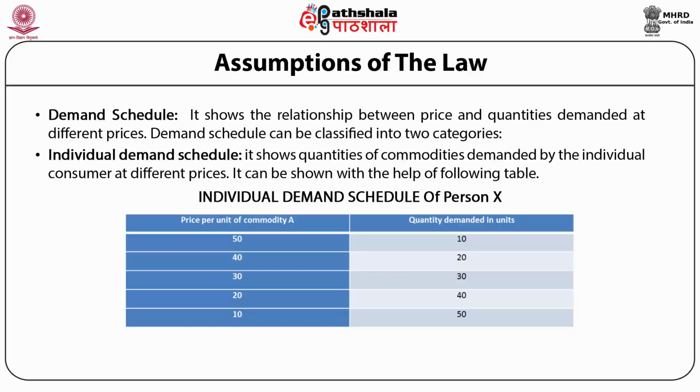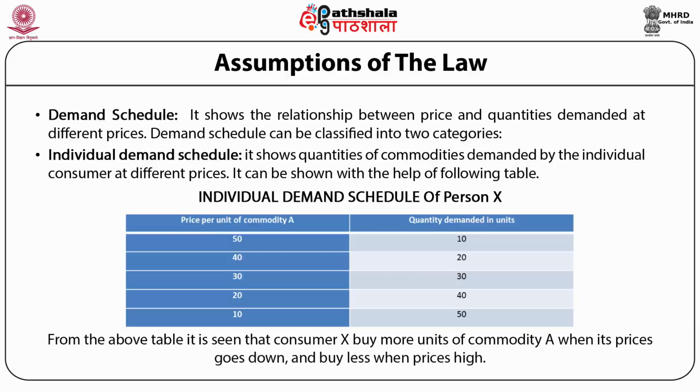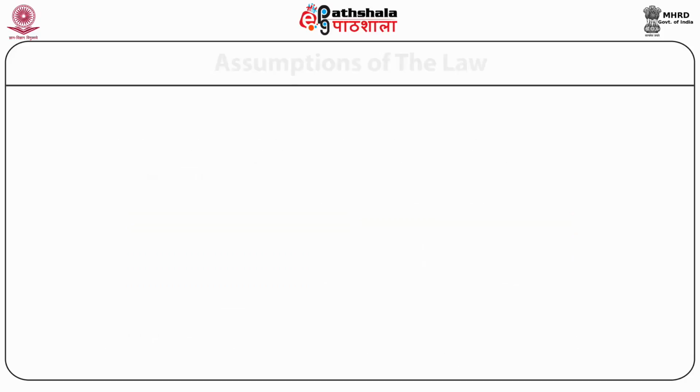It shows quantities of commodities demanded by the individual consumer at different prices. It can be shown with the help of the following table. From the above table, it is seen that consumer X buys more units of commodity A when its price goes down and buys less when price is high.